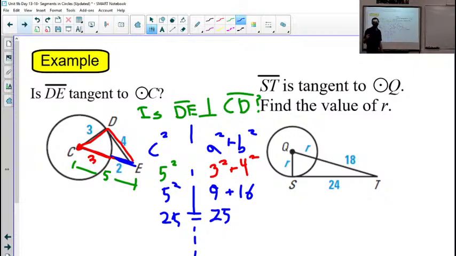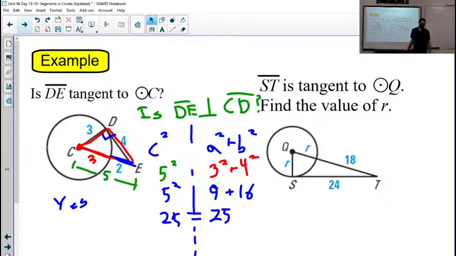So, ding, ding, ding, we have a match, which means we have a right angle. So yes, and if we were to give an explanation, our explanation would be that DE is perpendicular to CD through the converse of the Pythagorean theorem. Therefore, we have a tangent.